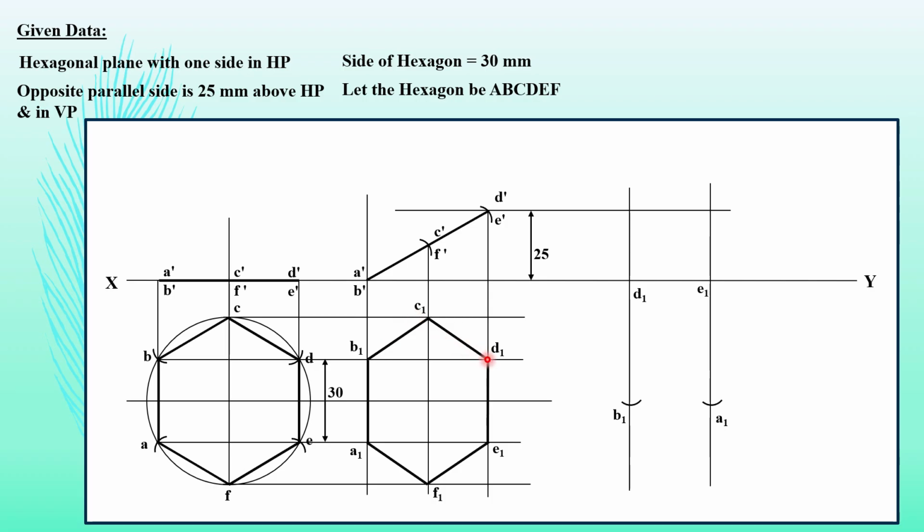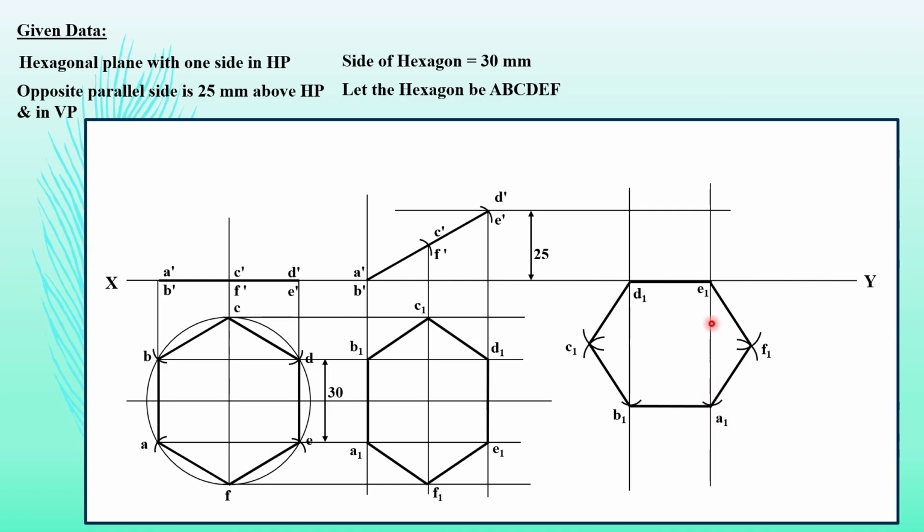So keeping compass on D1, measuring distance as D1 to C1 in compass, cutting an arc, shifting compass from D1 to B1 here, intersecting this arc, this point becomes C1. E1 F1 and A1 F1 are also same as these two distances. So keeping on E1 here, cutting an arc, shifting compass to A1, intersecting this arc, this becomes F1. Joining these points in sequence, and you have obtained the final top view.